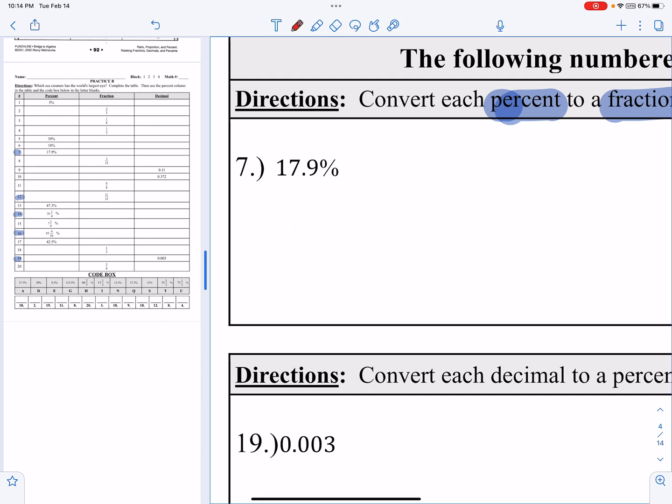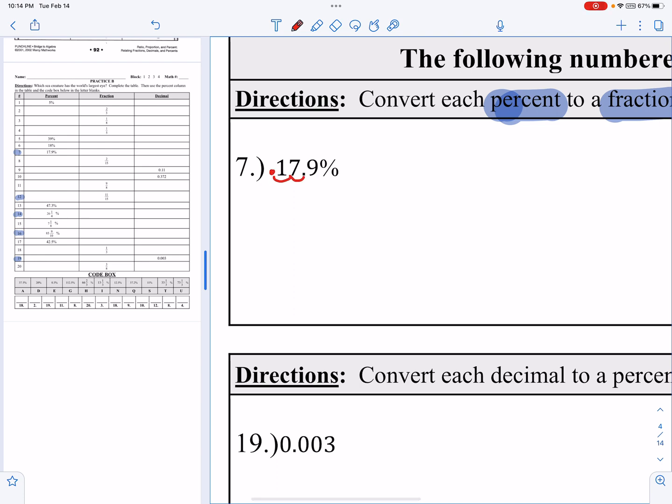My recommendation to you, when you're going from percent to fraction and you see weird decimals, would be to change it to a decimal first. We know that just means divide by 100, so we're going to go backwards. The trick is to move the decimal point 2 spots to the left.